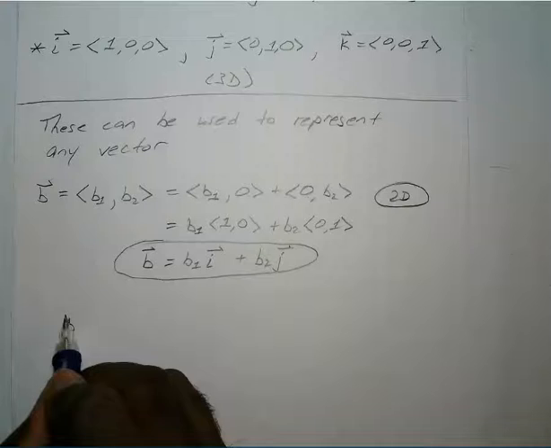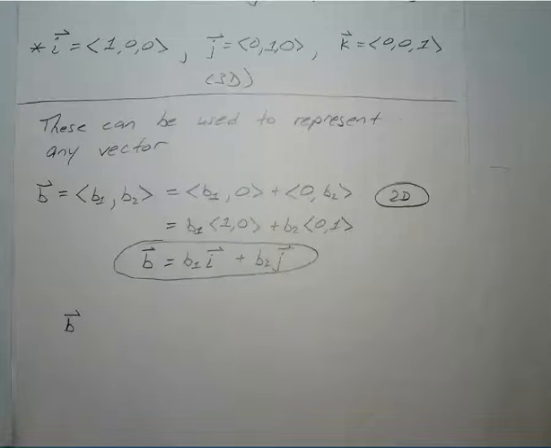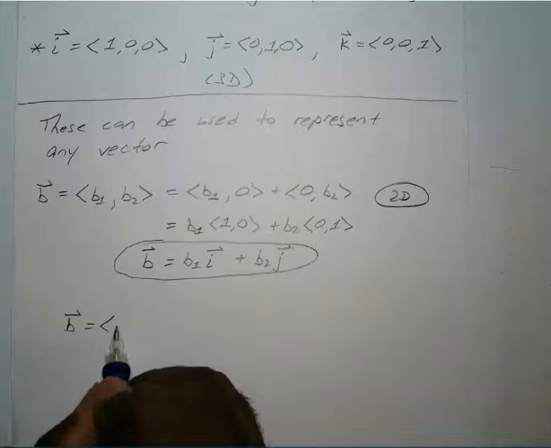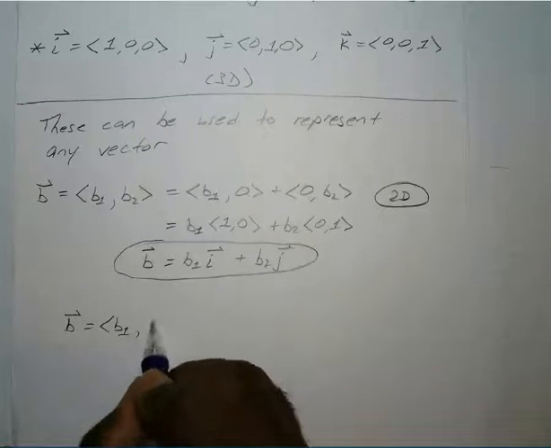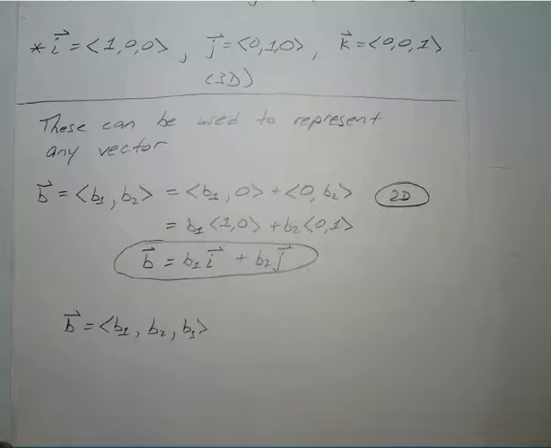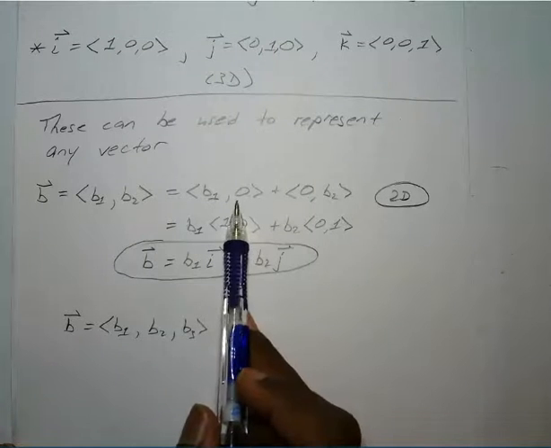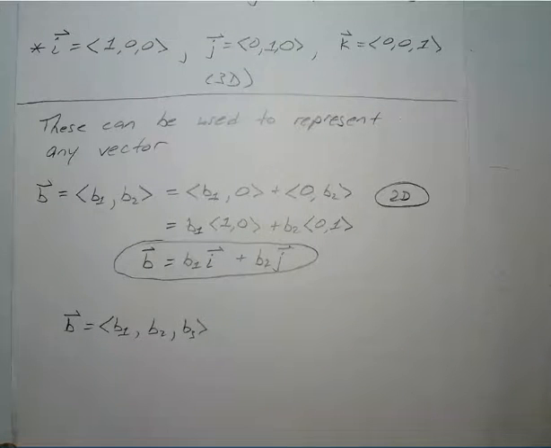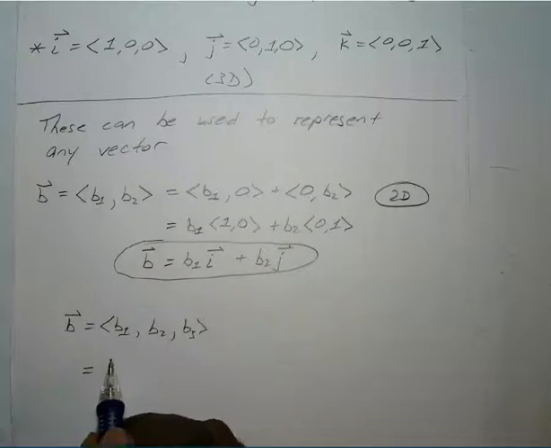We have our B vector in 3 dimensions. We know we have our first component, our second component, and our third component. Just like up here, we can separate those into 3 vector terms. I'll put that underneath.